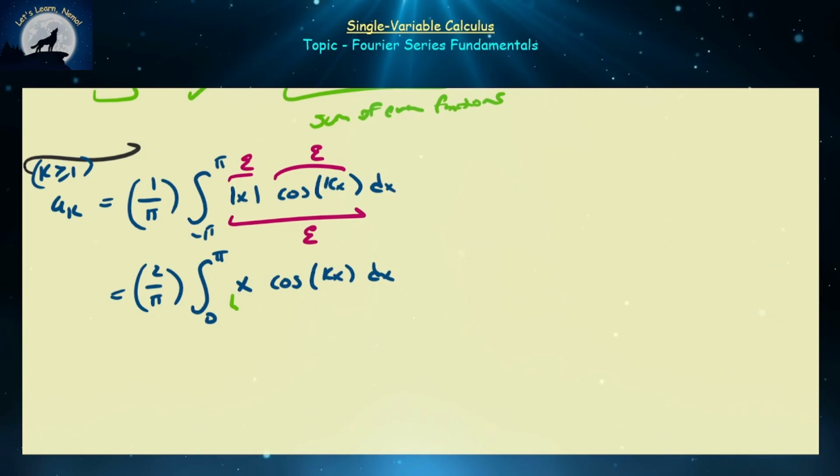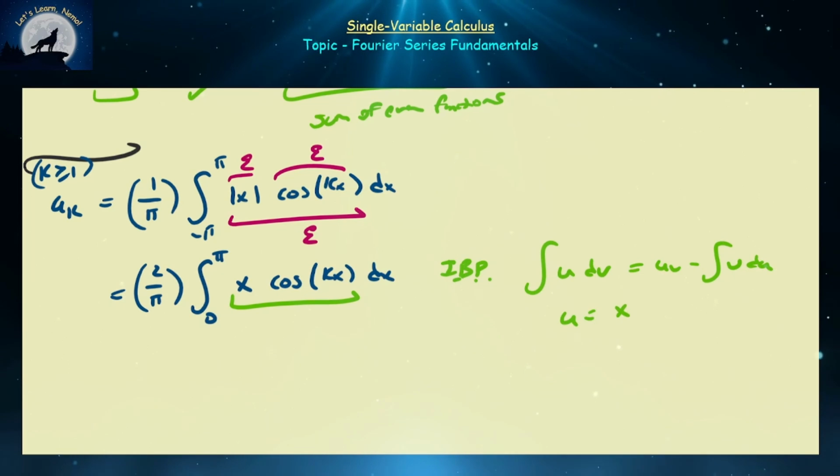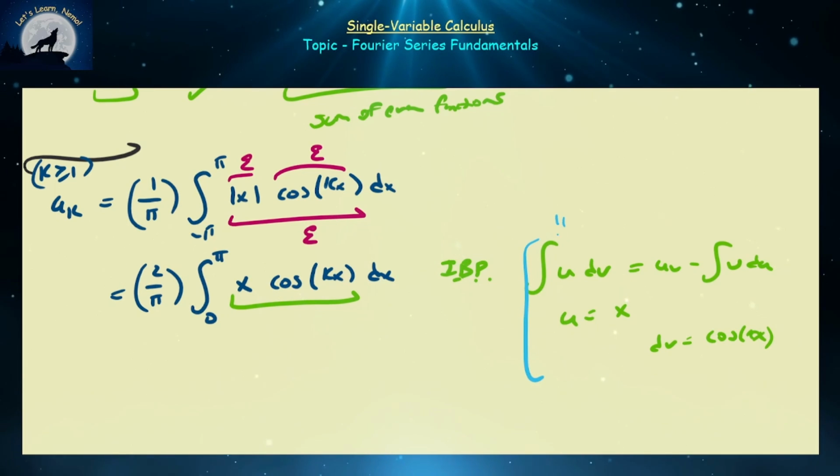So this type of integral structure is very reminiscent of something that we can usually do integration by parts for, which keep in mind is just the integral of u dv equals uv minus the integral of v du, where u is going to be taken to be x and dv will be equal to cosine of kx dx. I recommend you do this exercise on your own just to make sure you're familiar with integration by parts.